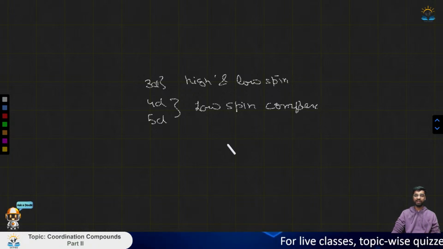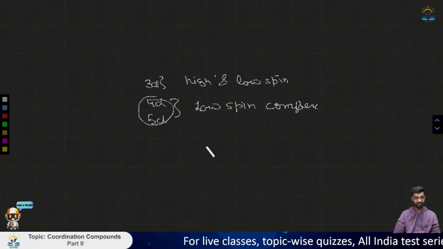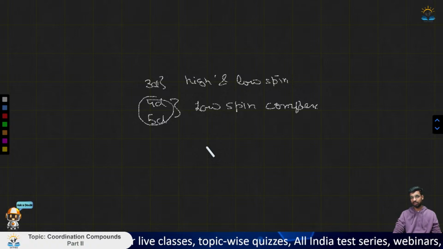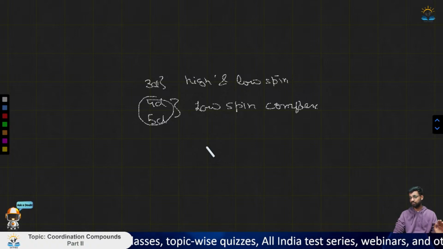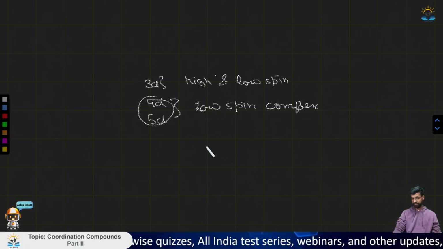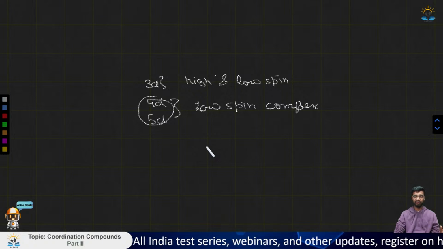The reason behind this is that the orbitals of 4D and 5D are very diffused. You know very well that as we move down the periodic table, the shells or the orbitals are getting farther and farther from the nucleus. Due to this, they cannot maintain the shape. If you look at the shape of something, it generally happens due to the force of attraction.